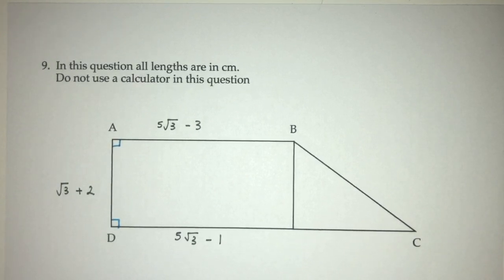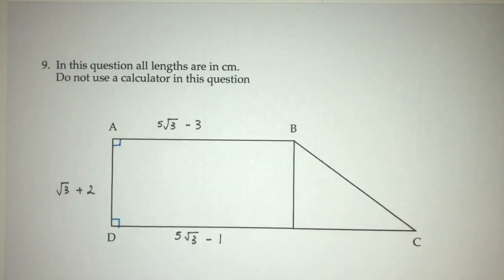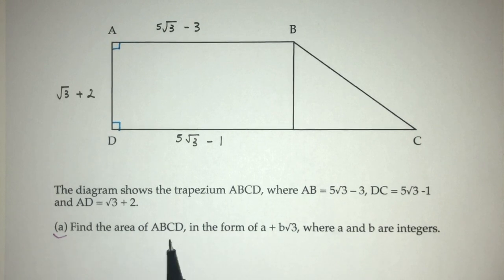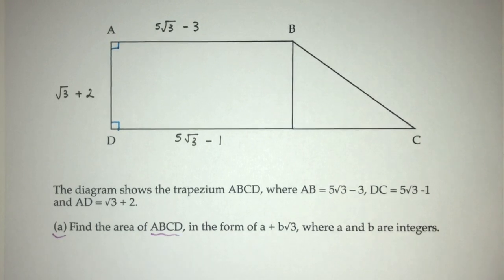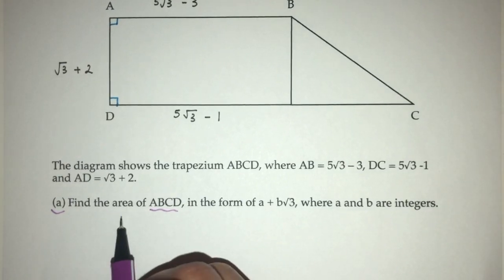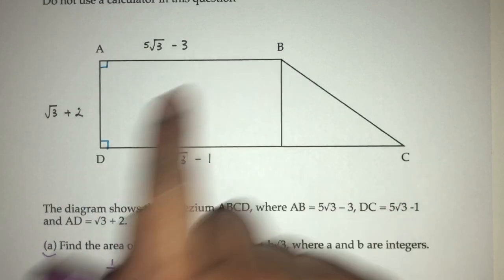So here we have a trapezium, as you can see, right? Because we have two sides which are in the same direction and then a perpendicular height in between. That will be a trapezium. Let's see the question. We're given the lengths of AB, DC, and AD. But first we have to find the area of the shape ABCD. It is a trapezium, so we have to use the formula for that, which is half times the sum of the parallel sides, which is this and this.